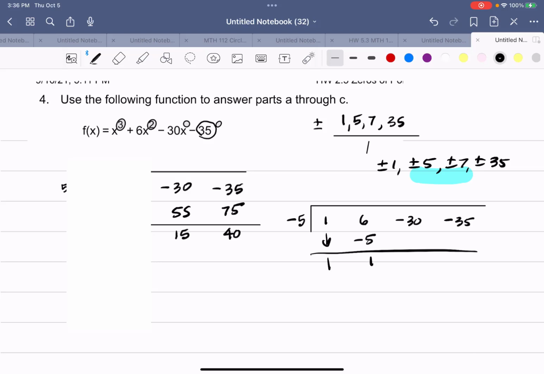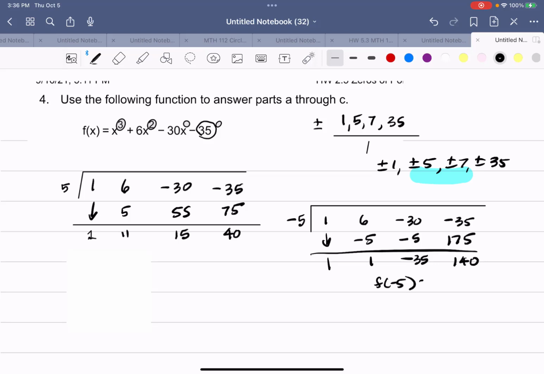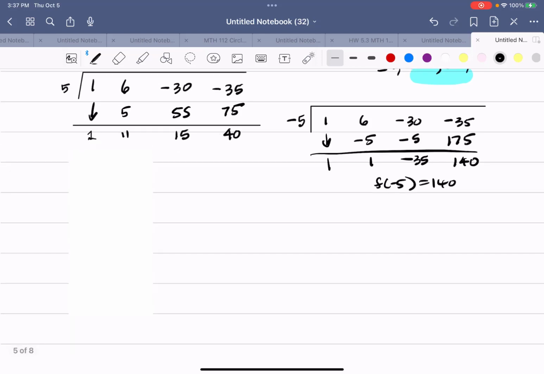Negative 5 times 1 is negative 5. I get negative 35. And negative 35 times negative 5 is positive 175. So I get a 140. So that's not a 0, but f of negative 5 would be 140. No luck so far.